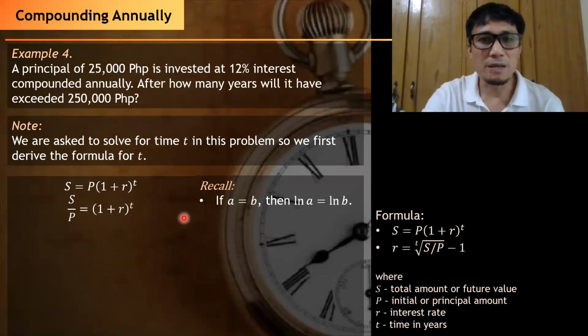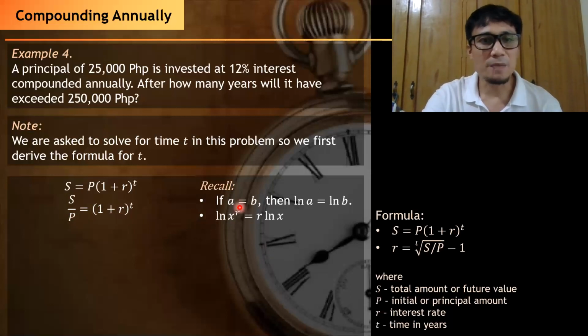If you remember, we have a property that says if A is equal to B, then ln of A is equal to ln of B. Of course, this holds only when A and B are greater than 0. And then the second property says that the ln of x to the r is r times ln of x.